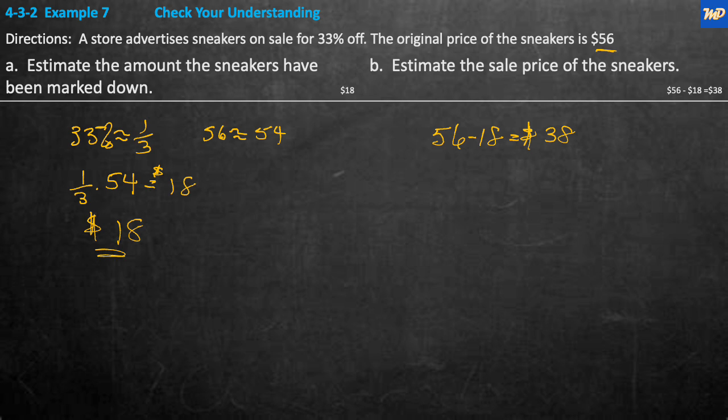Or if you went the other way, it's the same thing. You could have said, oh, what's left is 66.6 forever percent, or 2/3, and for 2/3, we still could use the 54. And so doing that, you would have still ended up with $38 as the sale price.